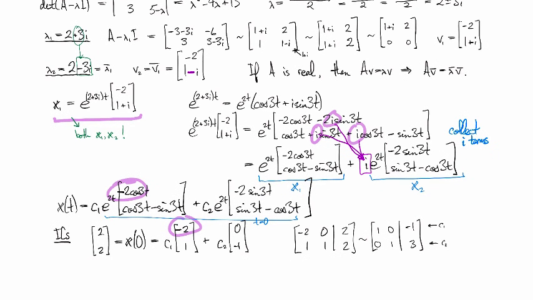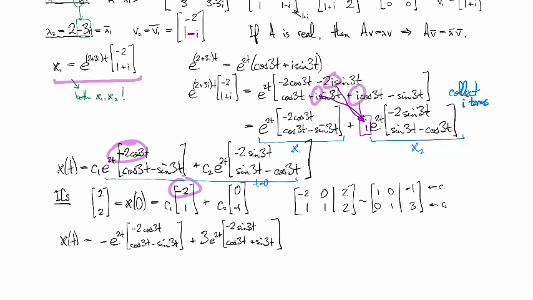And so then that tells us that the solution to the initial value problem is given by, let's see, minus e to the 2t times negative 2 cosine 3t, cosine 3t minus sine 3t, and plus 3e to the 2t minus 2 sine 3t, cosine 3t plus sine 3t.